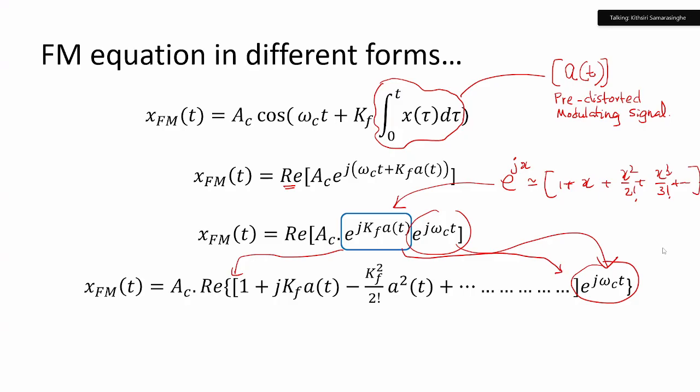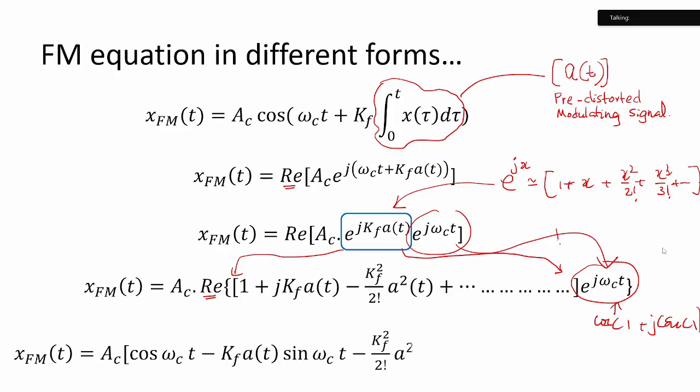Then you can multiply by e to the power j omega ct, which is cos omega ct plus j sine omega ct. Cos plus j sine. Then multiply into the brackets and get the real parts. Then you will end up with this kind of an expression, which is the series expanded form of the FM signal.